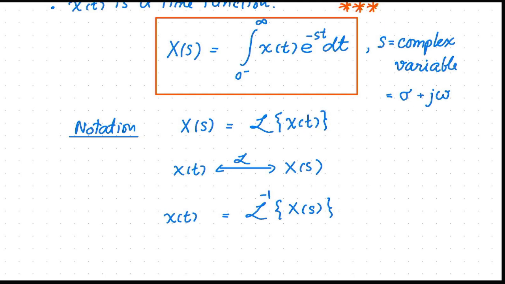Instead, if you know X(s), to find x(t) we will be using tables. Because we know that they belong to each other, what you have to do is just look at X(s) and look up the table. What is this? Then you're going to find x(t) here. So this is how we do the inverse Laplace transform.